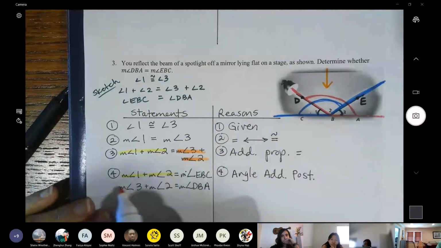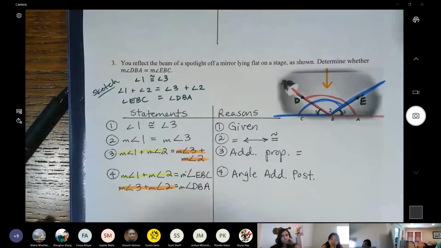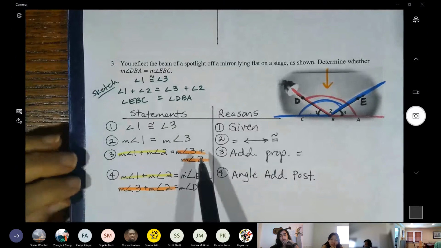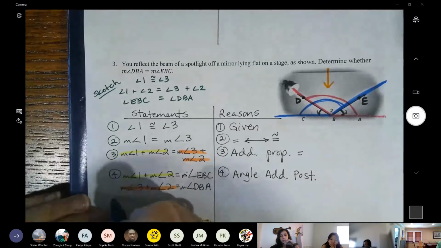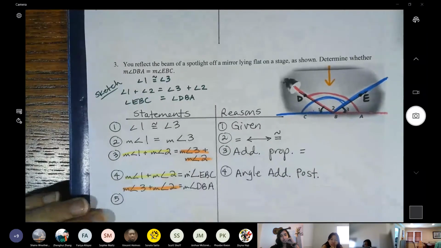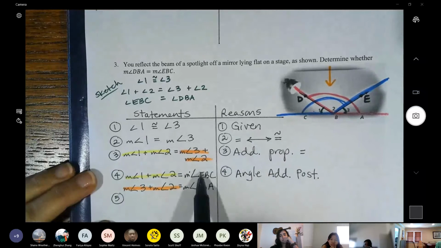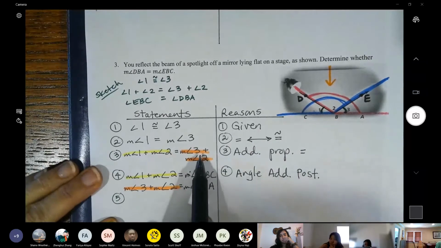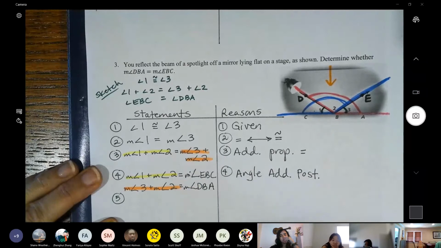This statement and this statement are the same. So if you can follow those colors, this is why for the next one I can say, I can take this and put it here, and I can take this and put it here, and I'm basically substituting.